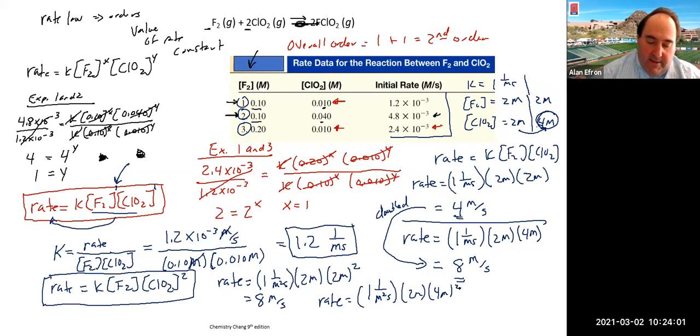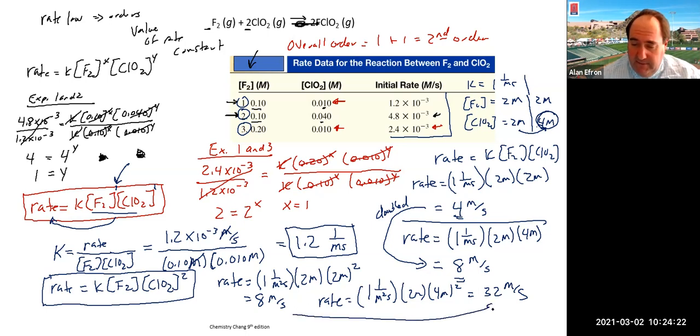Now 4 squared is 16, I hope still, times 2 gives us 32 molar per second as the rate. So in this case, we went from 8 to 32, which is a 4-fold increase, right? 4 times, by just doubling it. So doubling it caused the rate to go up by 4-fold.